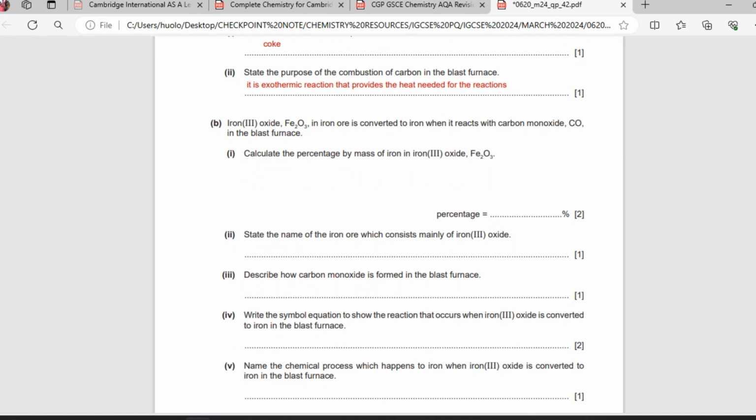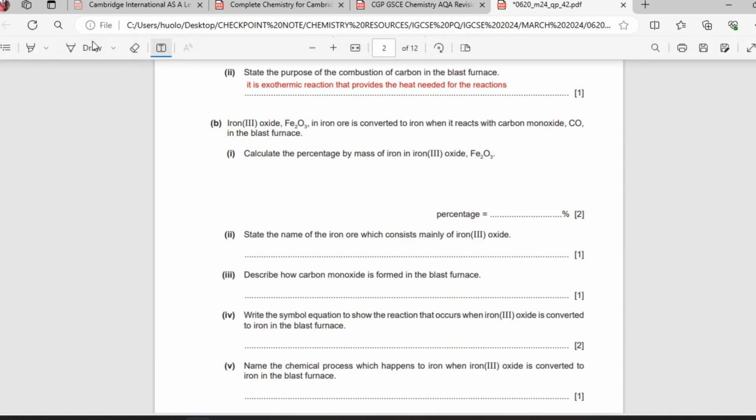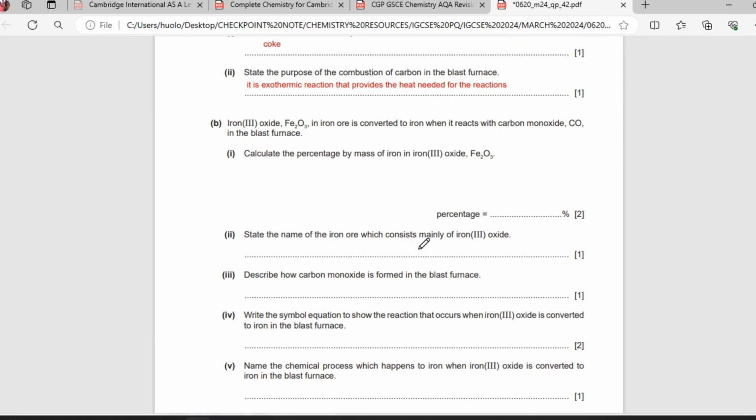Each time you calculate the percentage by mass, you want to first of all get the Mr, and the Mr in this case is the formula mass of iron 3 oxide. So the first thing you want to do is to know the number of atoms of iron that is present. The number of atoms of iron present is 2 from the formula, multiply it by the Ar, relative atomic mass of iron. Get it from the periodic table, that's 56.